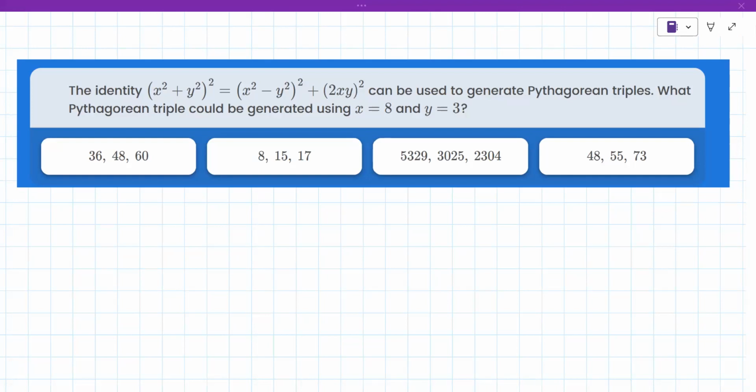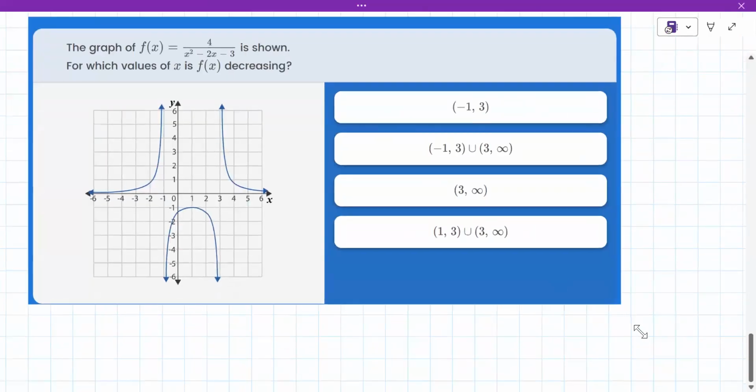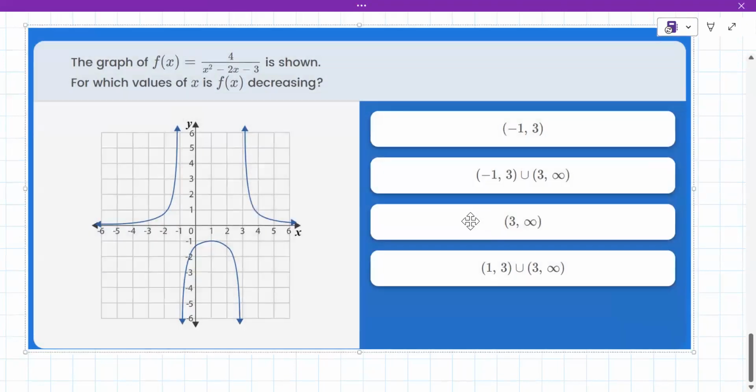Okay, so this is good now. We kind of got back to a question that's more consistent with your course here. So they're giving you a graph, and it's asking where it's decreasing. Decreasing means it's going down and to the right.